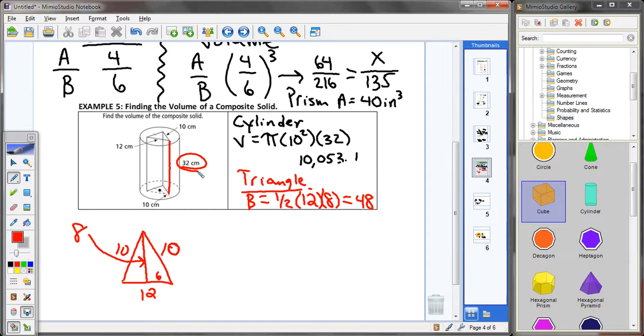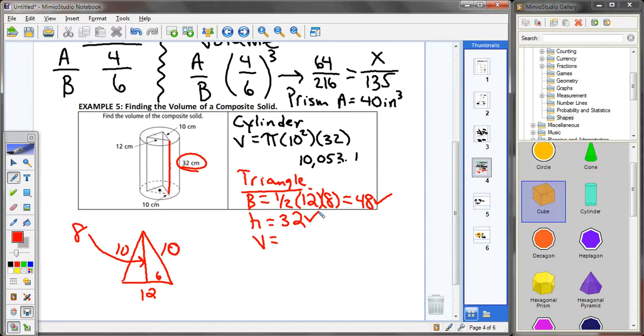Isn't that going to be? So what's the volume of your triangular prism? How would you find that? What was the area of the base? What was the height of the prism? So we can do a 48 and 32 to get the volume of that part we're going to pull out of the cylinder now. Yeah, what is 48 times 32, kids?